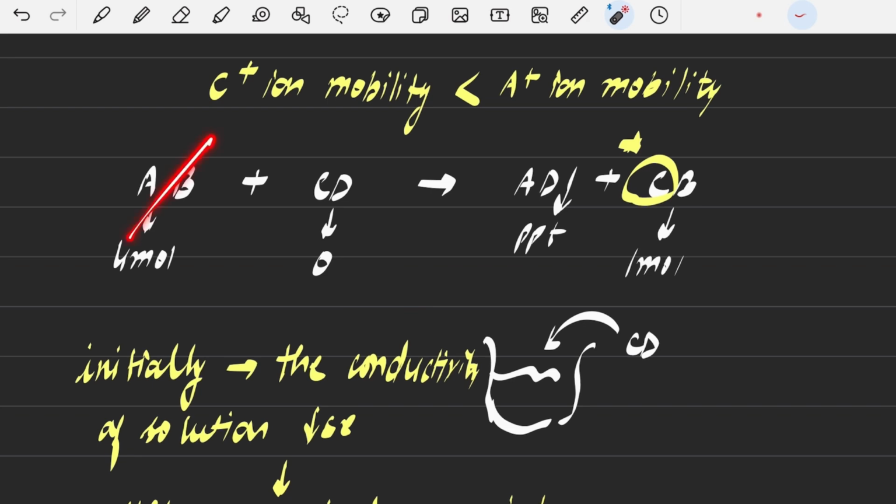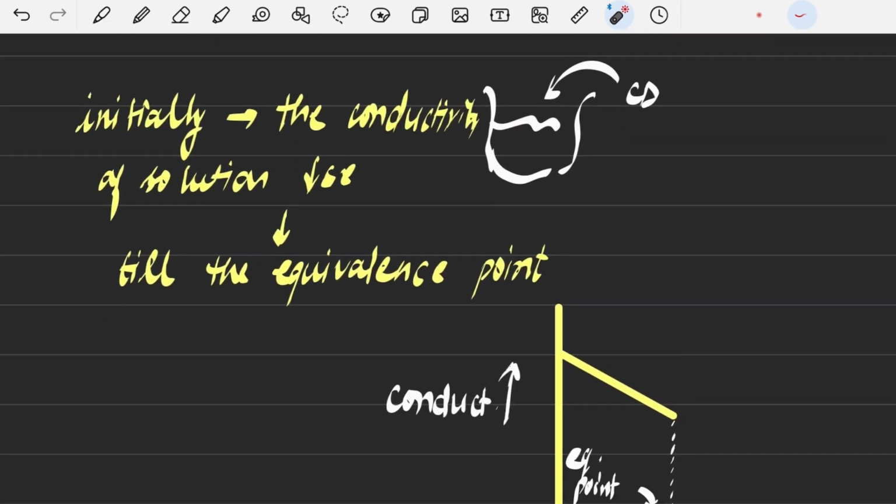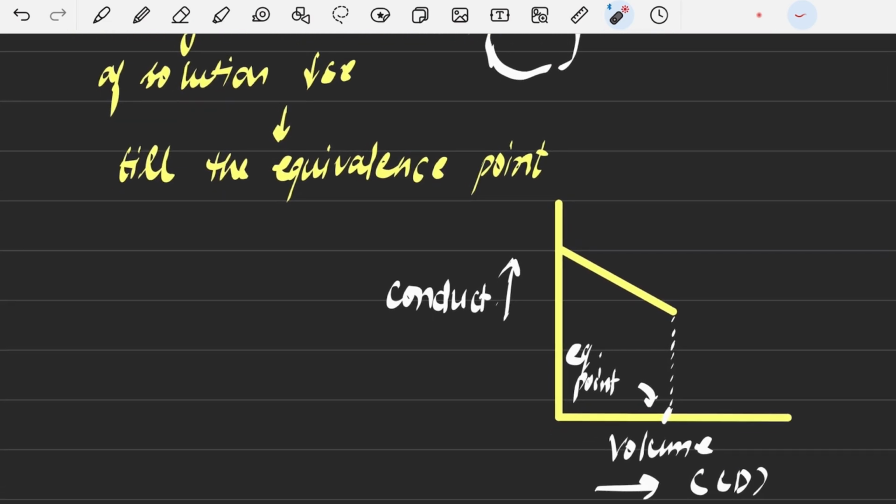After the complete consumption of the AB, if you continuously add CD here again, since AD has completely gone from the solution, this CD will again start increasing the conductivity of the solution. So the graphical representation for the case will be like this.